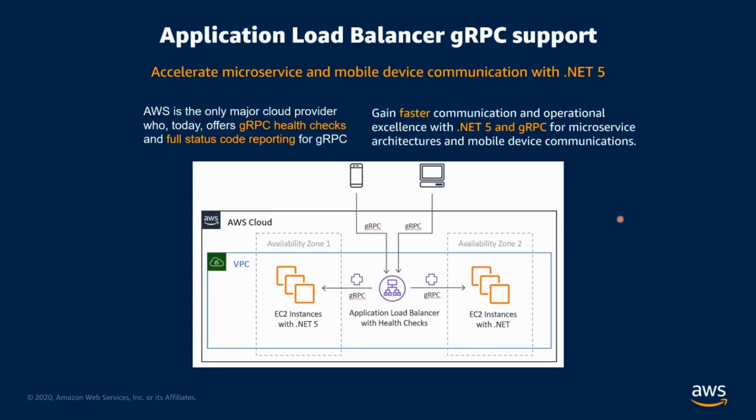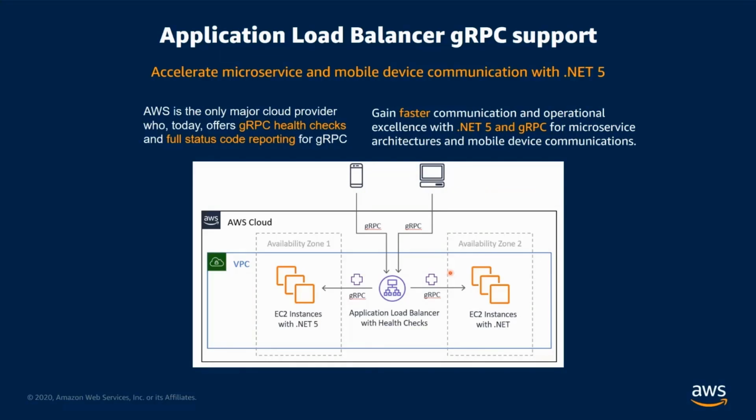And that's accomplished with health checks. And right now, we're the only major cloud provider that actually provides those gRPC health checks and full status code reporting for gRPC. The value there, again, is, and I've created a simple diagram here to just explain that.